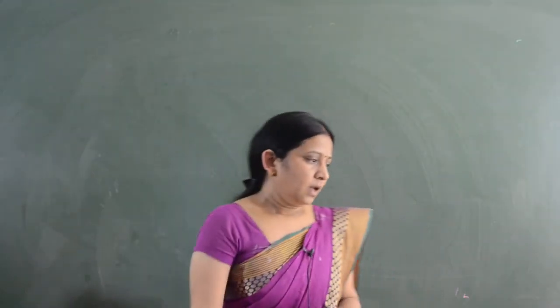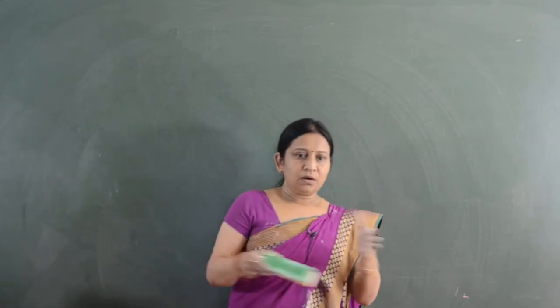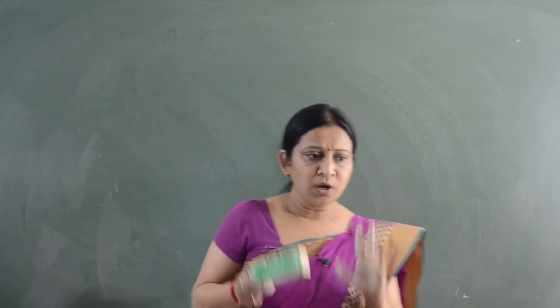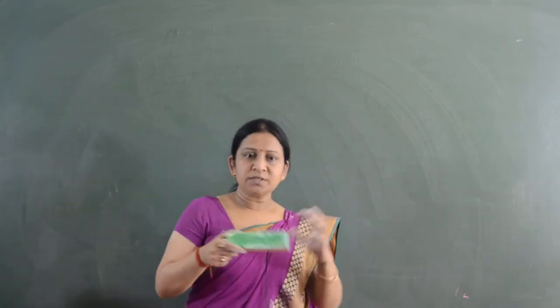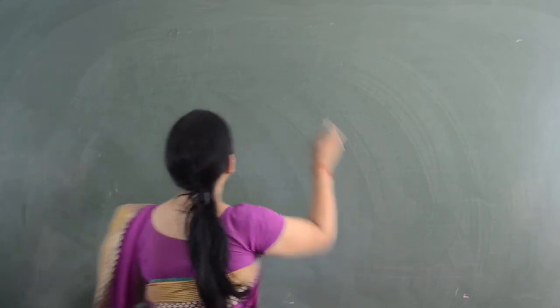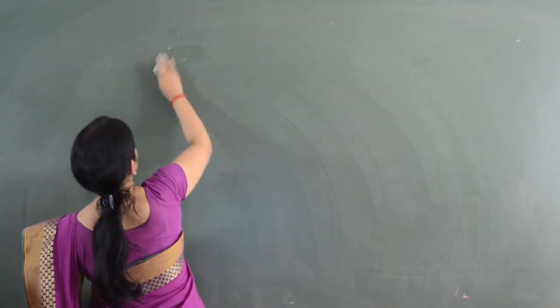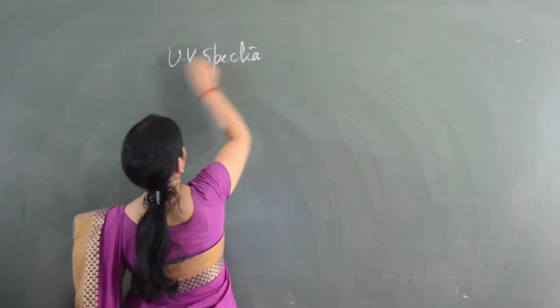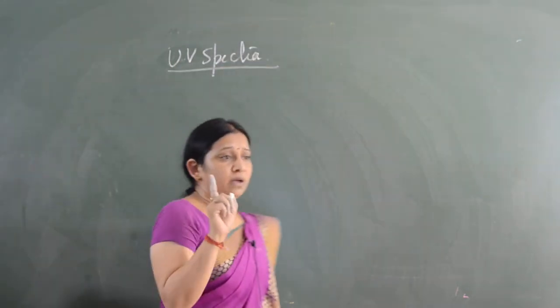So, let us discuss all the 4 spectra which we have studied in unit 2 one by one, with the differences and similarities, just brushing up all the spectra. The first spectra we dealt with was UV spectra.